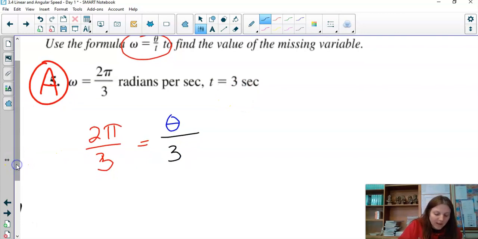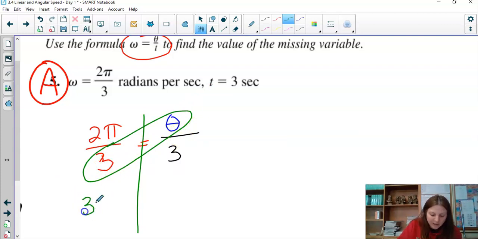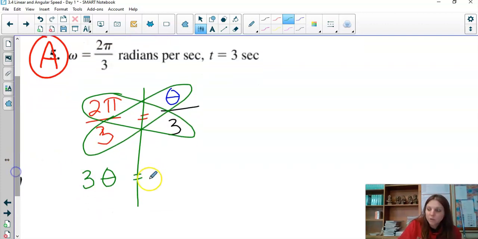There are lots of different ways to solve these algebra problems. In this case, it looks like the easiest way to do this would be to cross multiply. So I'm trying to find theta. I'm going to multiply 3 times theta, which is 3 theta. Next, I'm going to multiply the 2 pi times the 3. So 2 times 3 will be 6 pi.